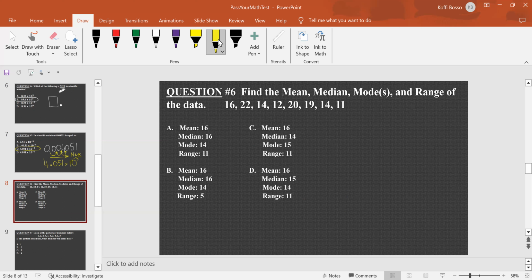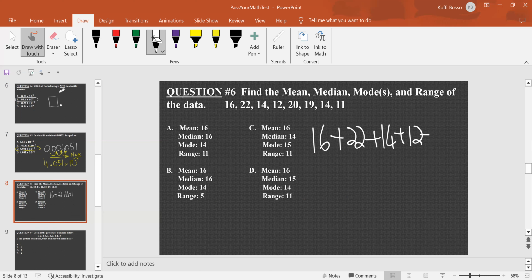But suppose you don't know how to find the mean. You have to understand that to find the mean, you just add the numbers here. So you take 16 added to 22, added to 14, added to 12, added to 20, added to 19, added to 14, added to 11.